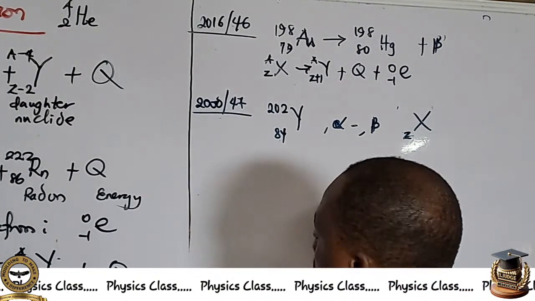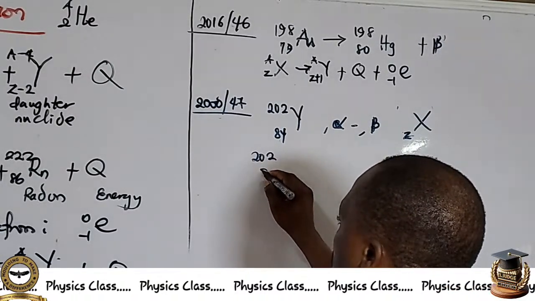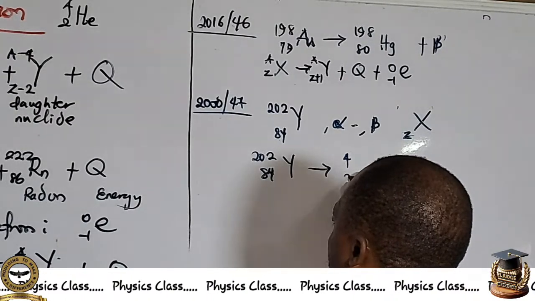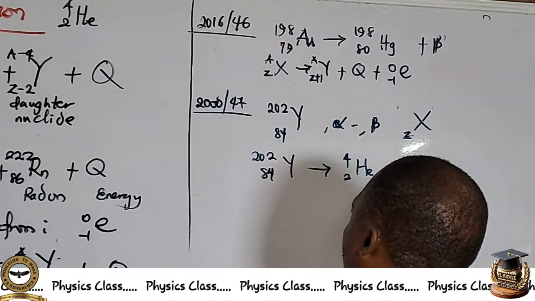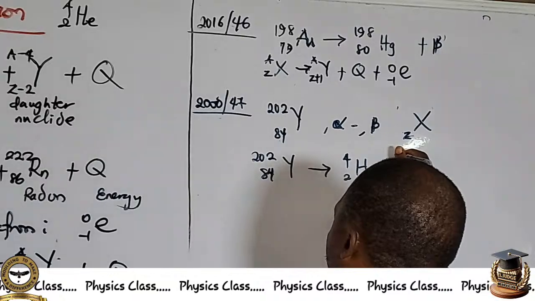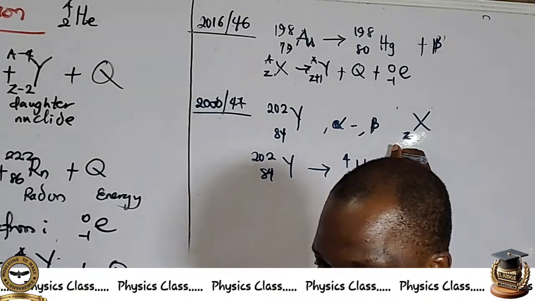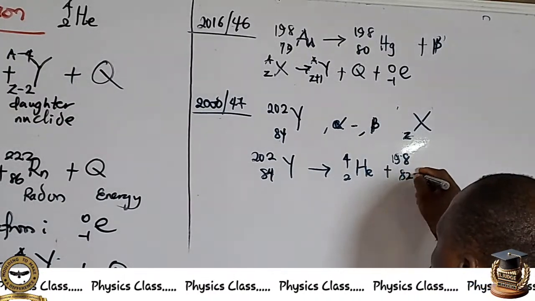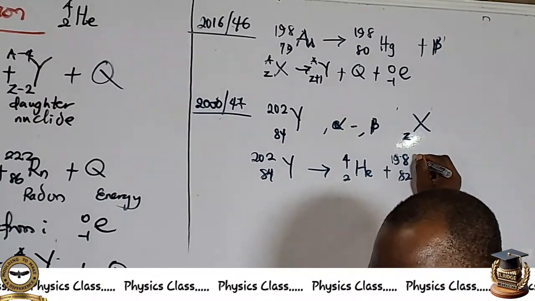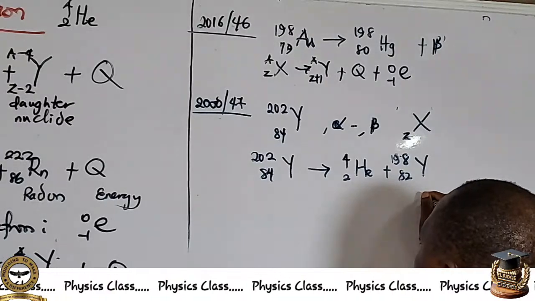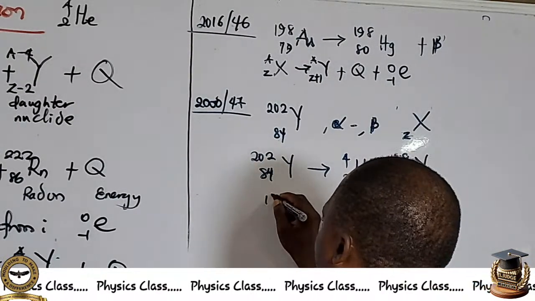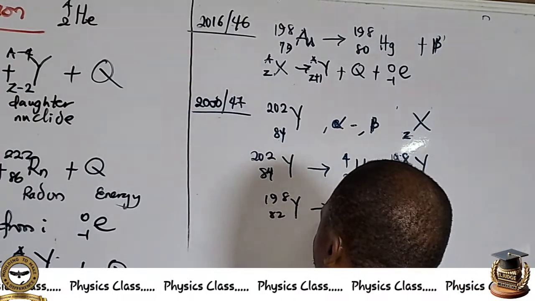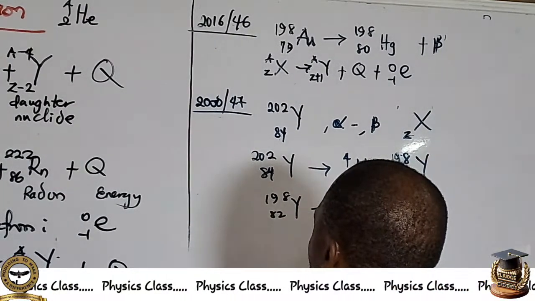So in this case, we have 202, 84, Y. If it emits the alpha particle first, what we're going to have here is 202 minus 4, that will give us 198, then 84 minus 2 is 82. Let's call this one still Y. Then this 198, 82 Y also emits a beta emission.